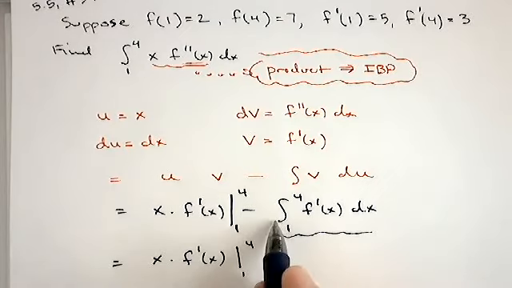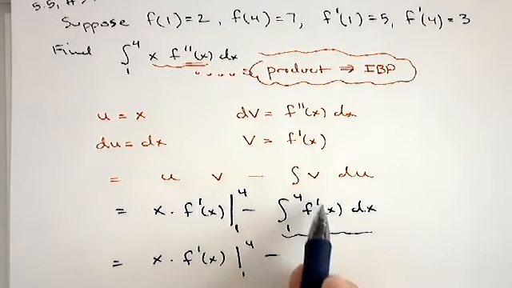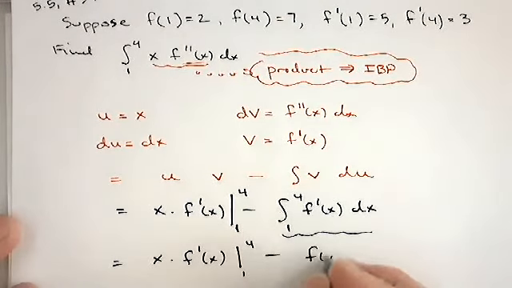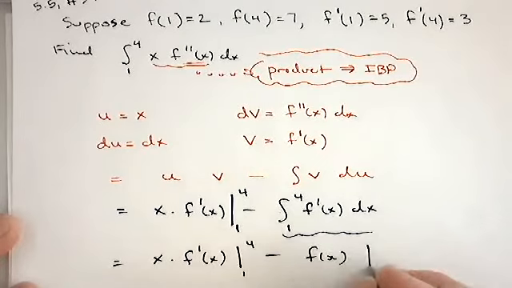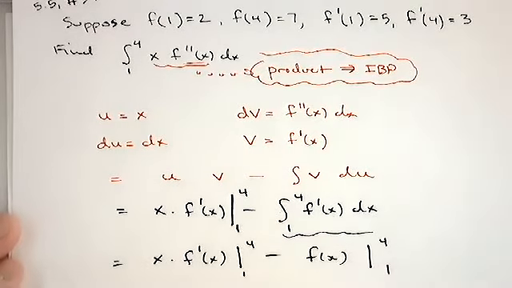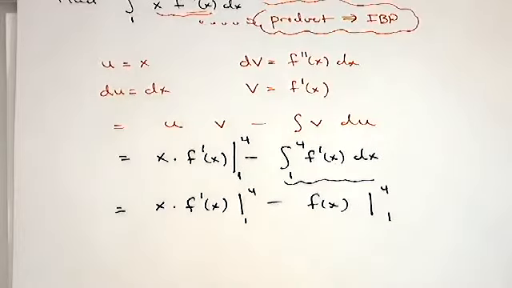So what is this saying? What is the antiderivative of the derivative of f of x? If you think of it that way, those are just going to cancel each other out. That's just going to give me f of x evaluated from 1 to 4. Same limits. Does that make sense?